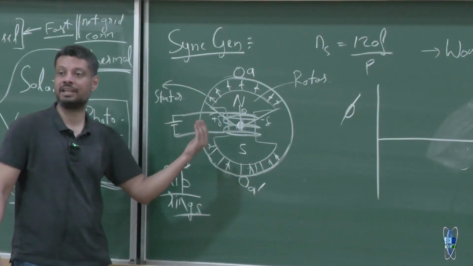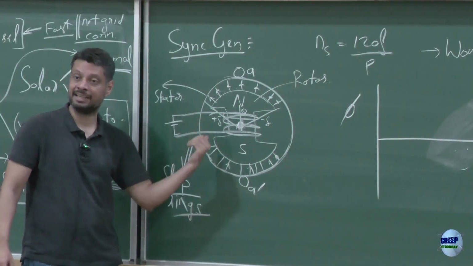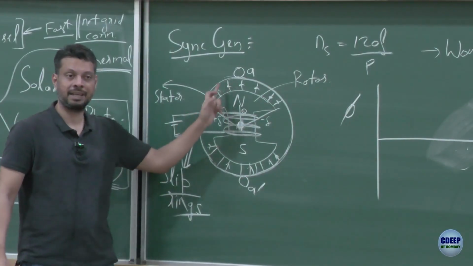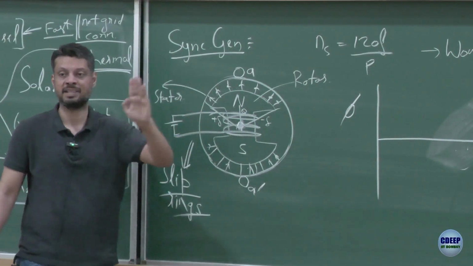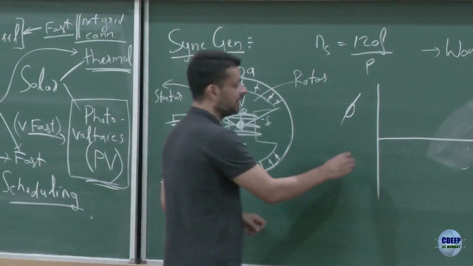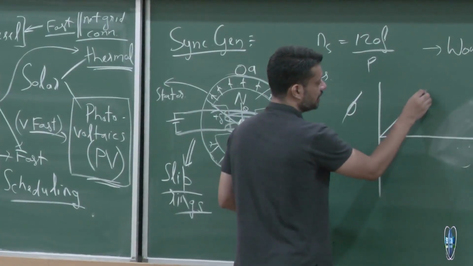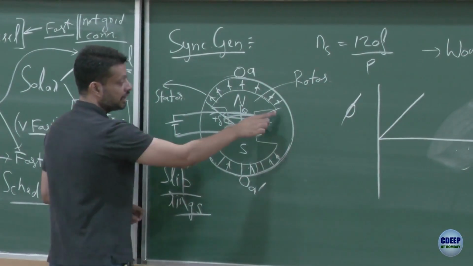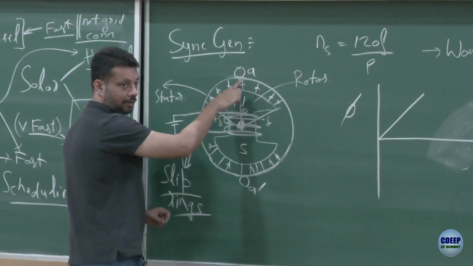If you rotate it 2 degrees, you will have double the flux. If you rotate it 3 degrees, you will have 3 times the flux, because more and more lines will start coming here and each line represents an equal flux, right, and therefore as you are rotating it, your flux is increasing linearly, till this point comes and touches here.